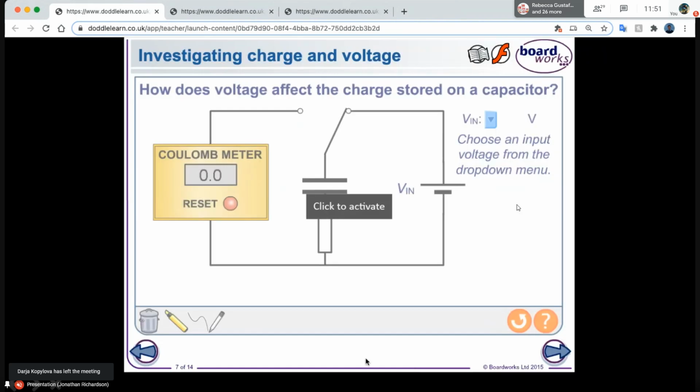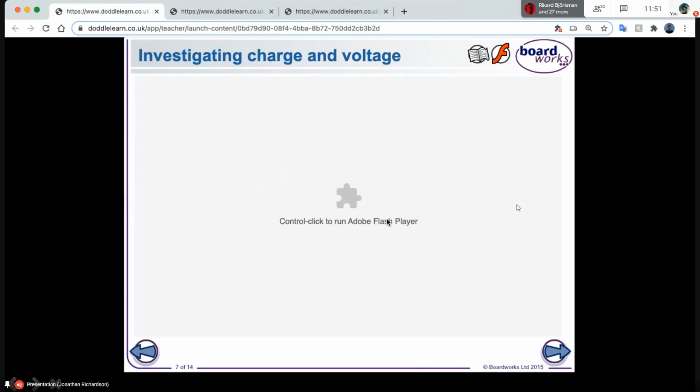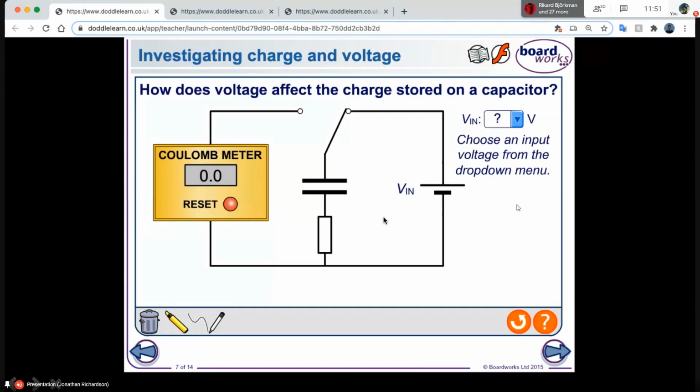So what do I want you to do? Right, now is the time for you to start to get prepared. What we're going to do is have a look at this circuit, and you can see now we have two complete circuits just here.